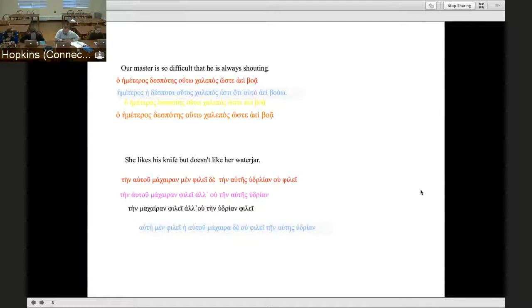So here's the thing with oute, you really don't need it. If you put it in, it means she herself. It's emphatic. She herself likes his knife. I don't know that it needs to be emphatic. I think I would just leave it alone. Just not even put oute.